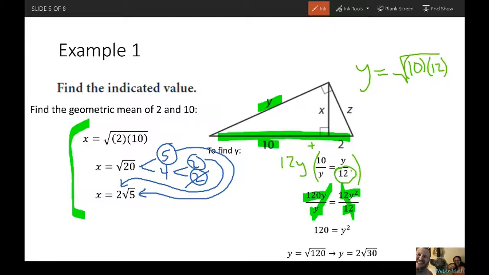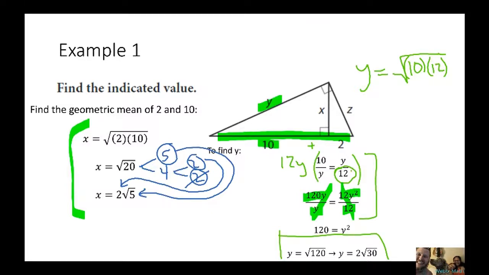So if you know your theorems, you can just go straight to the geometric mean and get the same answer down here. You don't even have to deal with all this jazz with the proportional statements. And that's if you just know your theorem from your last slide. So, by the way, the square root of 120 is 2 times the square root of 30.